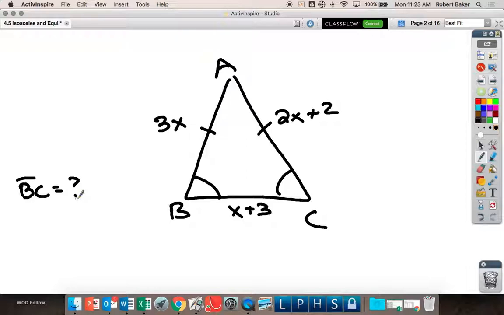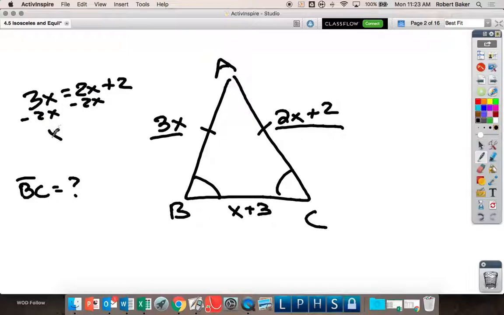The main part that starts this problem is which two expressions are equal to each other: 3x and 2x plus 2. These two expressions are equal because they are describing the congruent legs of the isosceles triangle. So 3x is equal to 2x plus 2. If you subtract 2x from both sides, x equals 2.